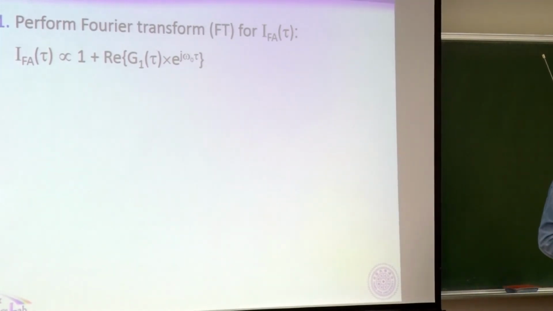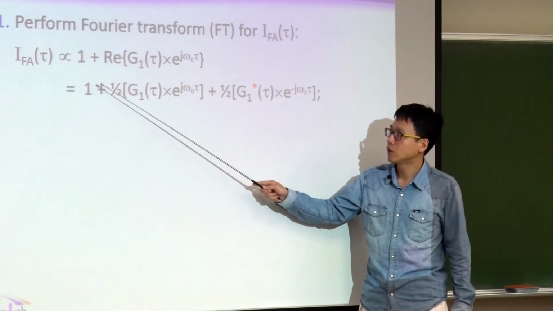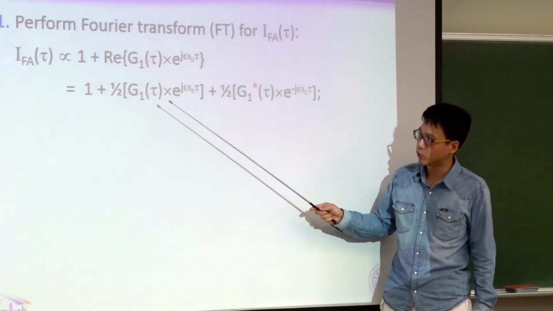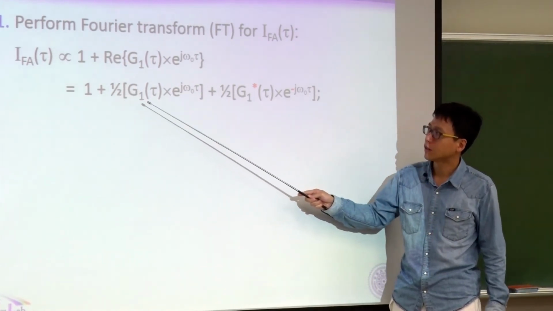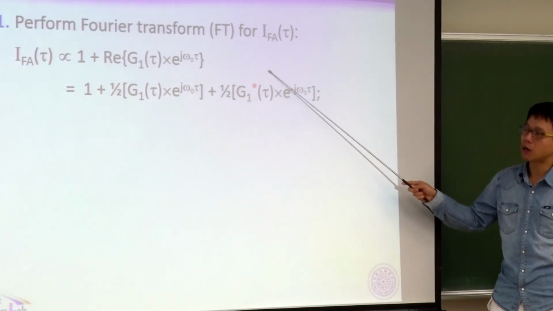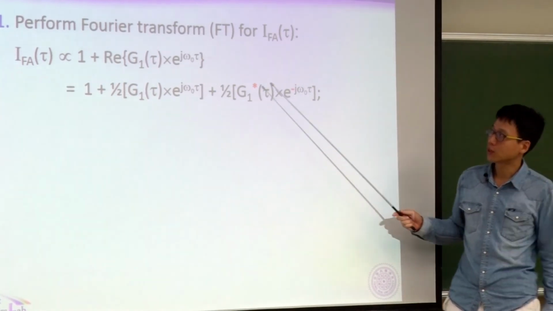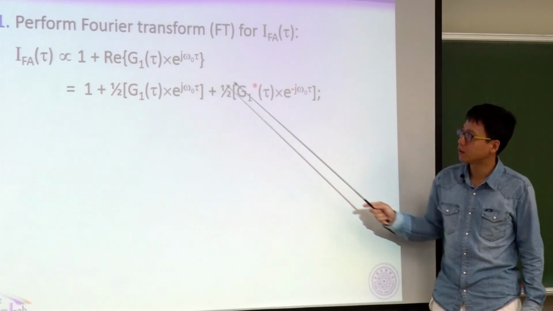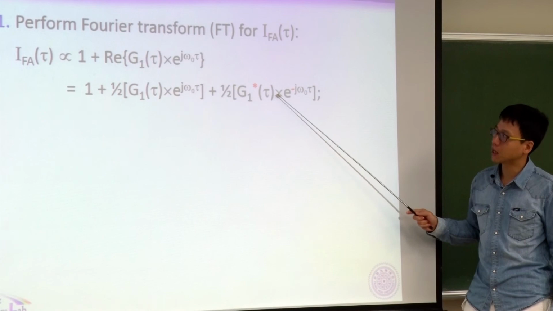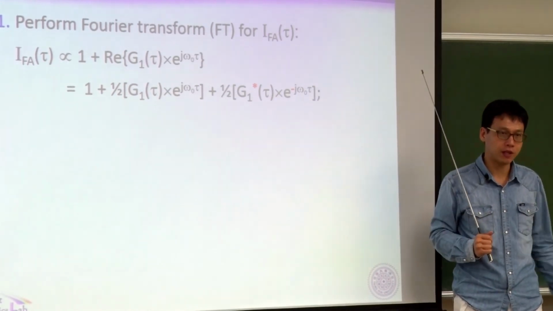But you can also rewrite the real part of a complex function as 1/2 times the complex function plus 1/2 times its complex conjugate. With the complex conjugate, G1 becomes G1 star, and e to the j omega 0 tau becomes e to the minus j omega 0 tau.